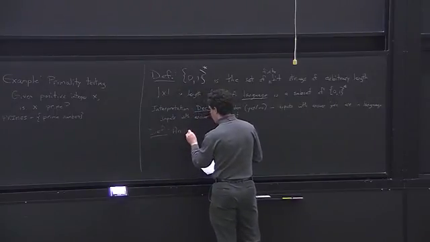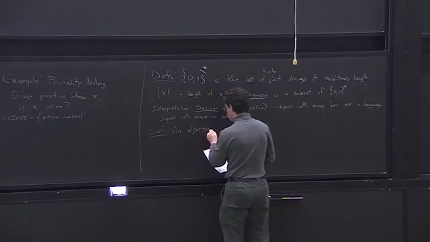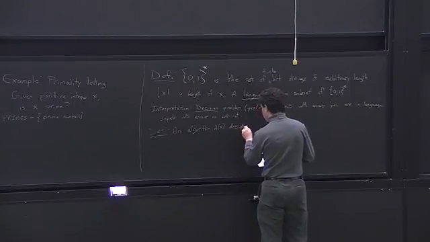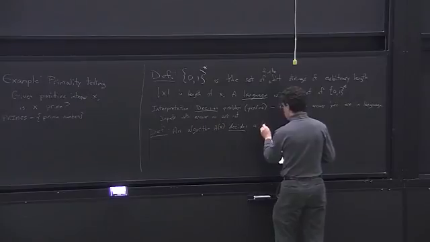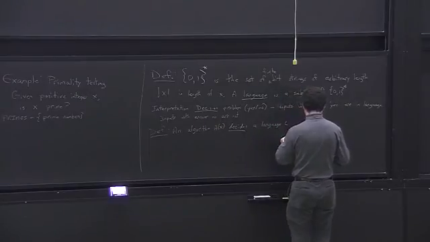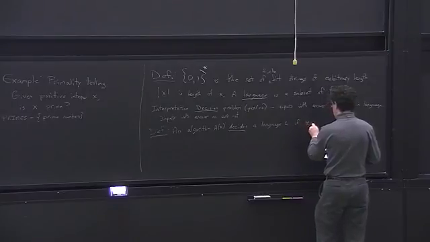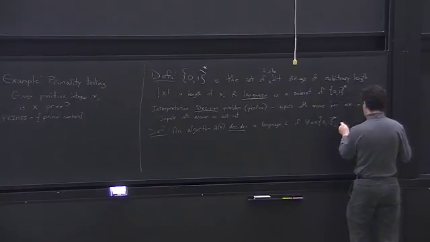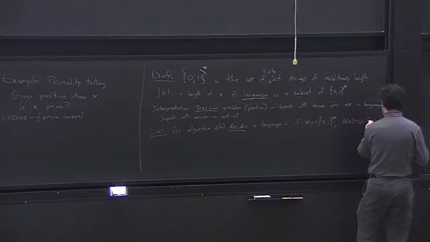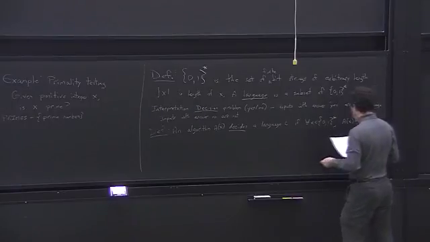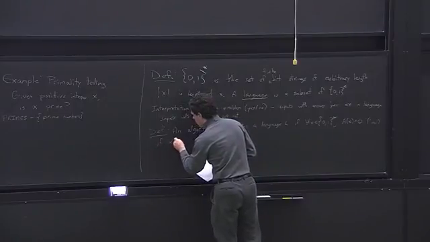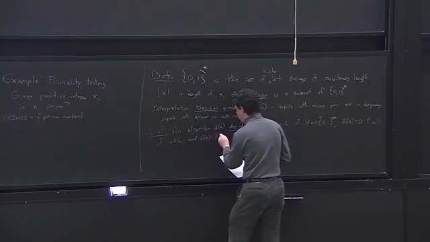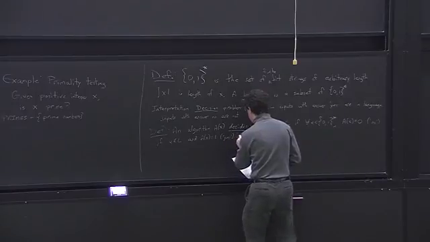We say that an algorithm A, which I'm not going to define, but I could informally if you need it, decides a language L if for all bit strings x, A of x is equal to 0, which I interpret as no, if x is not in L, and A of x equals 1, yes, if x is in L.